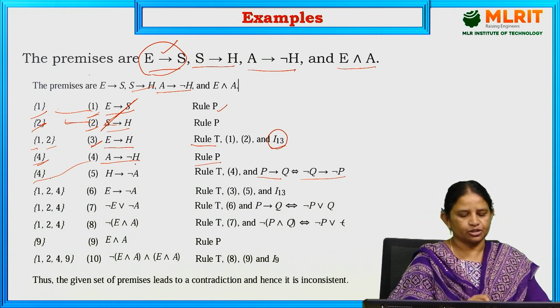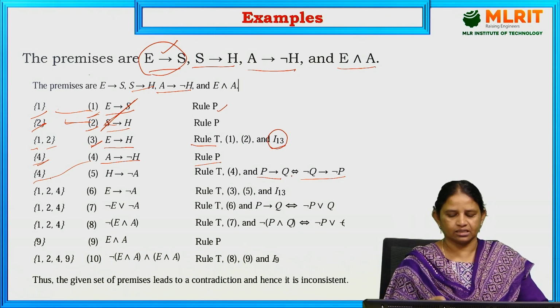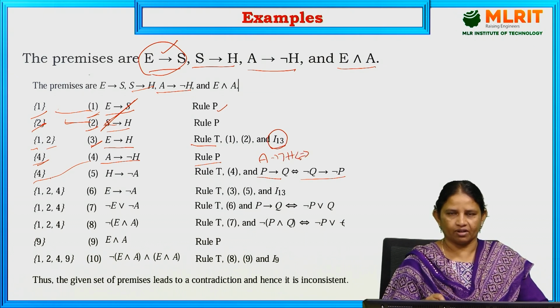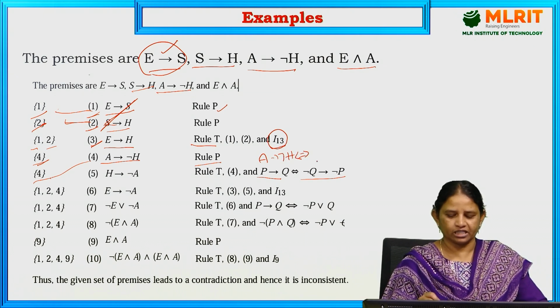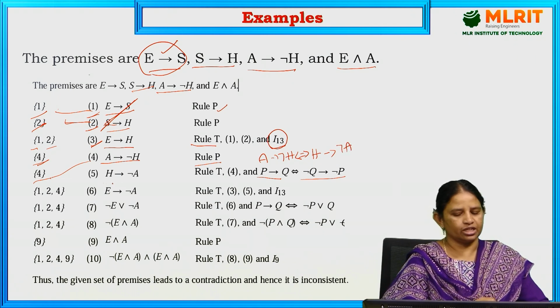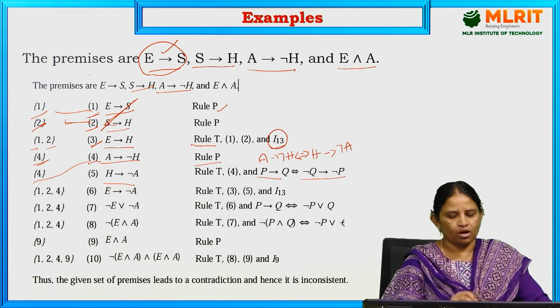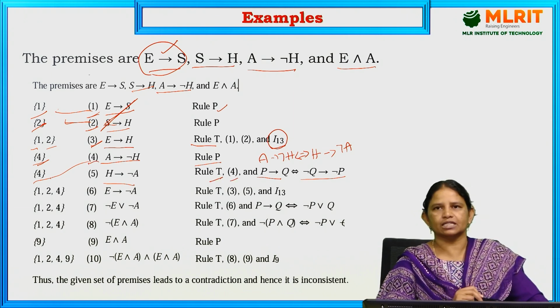So A tends to negation H is equivalent to negation Q tends to negation P. Negation Q is negation H, which becomes H, and in the place of P there is A, so negation A. H tends to negation A is derived. So we can call it as rule T.